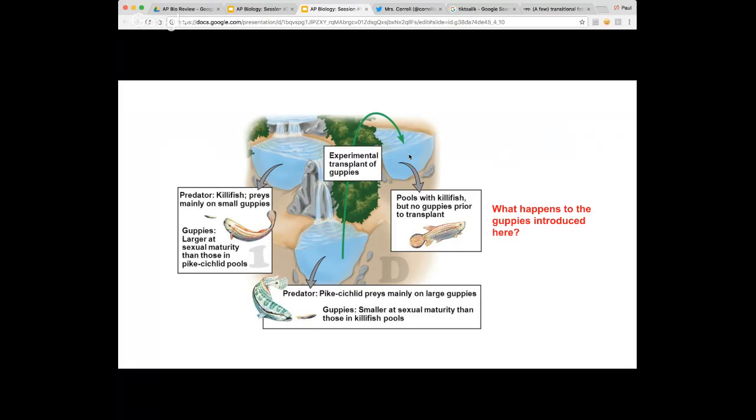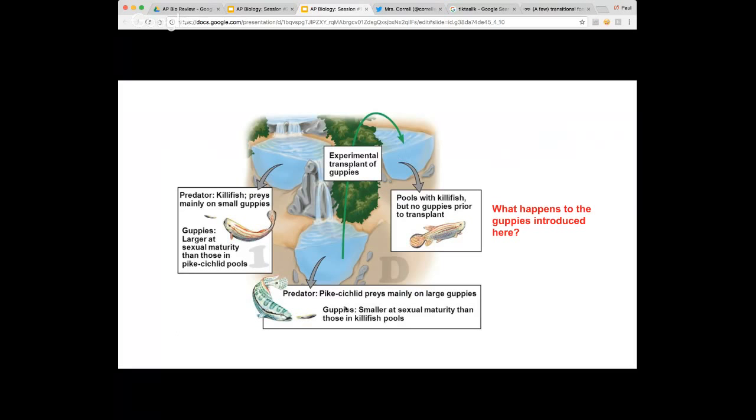And so hopefully what you're saying to yourself is, well, the pike cichlids have led to the guppies being smaller, but if I remove the pike cichlid, being smaller is no longer an advantage. Being smaller is actually death. And so what you'll see is that guppy population size will actually go back up.